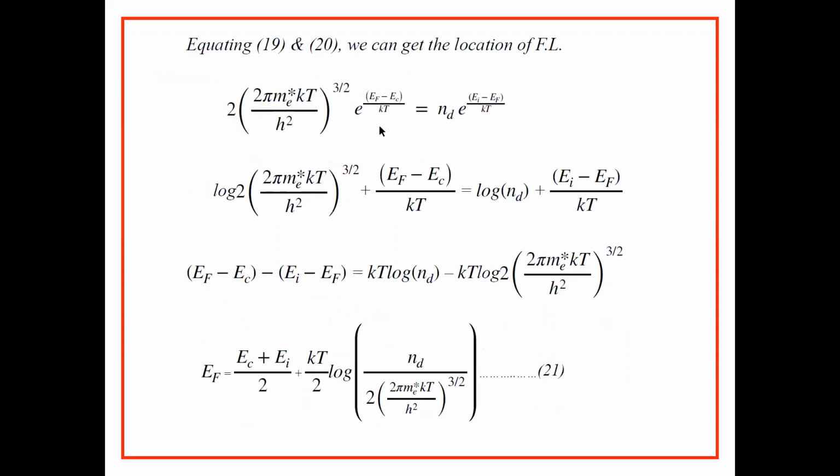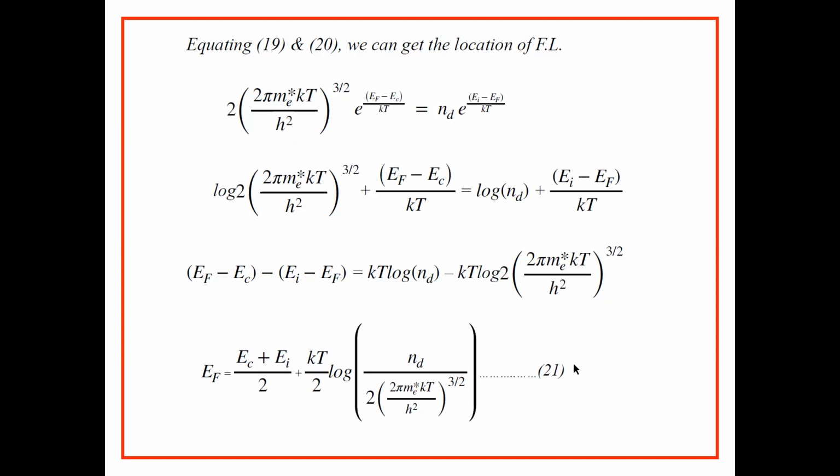If we equate equation number 19 and 20, then we will be able to get the location of the Fermi energy level. Equating equation 19 and 20, left hand side is equal to right hand side, taking log of this equation and after simplification, we get EF is equal to EC plus EI upon 2 plus kT upon 2 log of ND upon 2 into (2 pi me star kT upon h square) to the power 3 by 2.